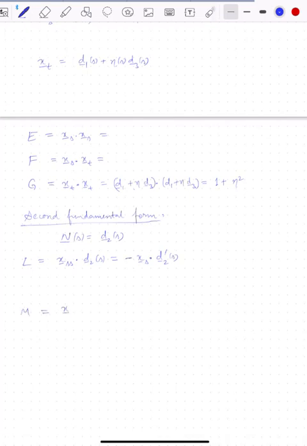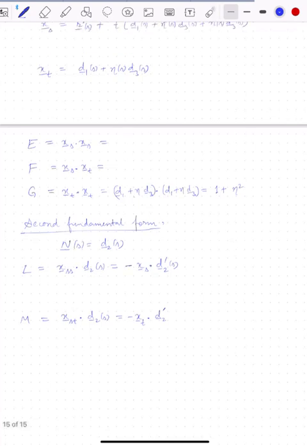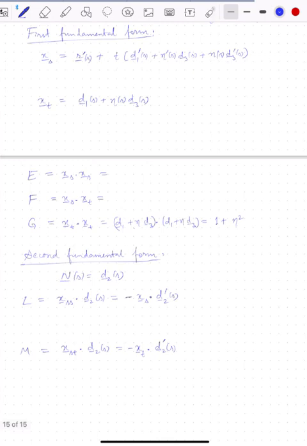And then m is equal to xst dot d2 of S, and this is minus x vector of S, and then we have d2, which can also be written as t dot d2 prime of S. D2 prime of course belongs to the same set.